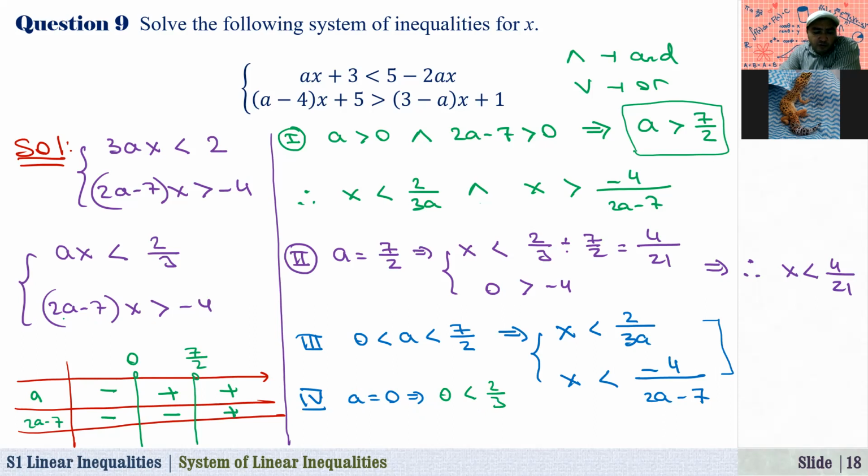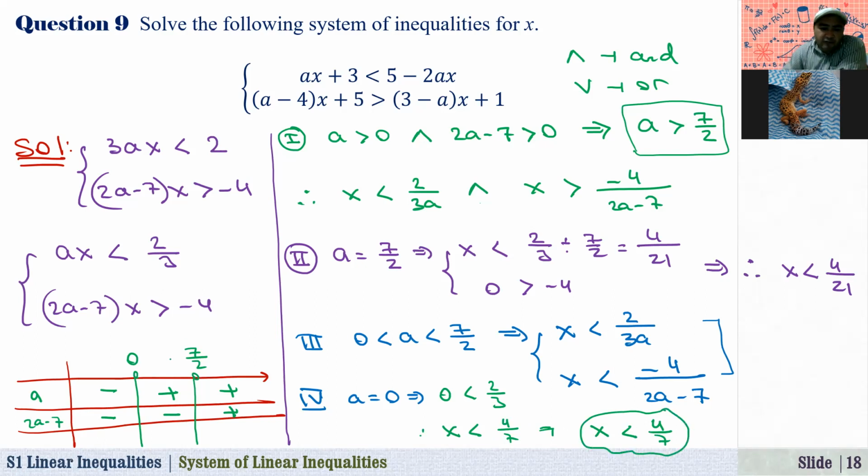The second one, 2 times 0, it is 0. 0 minus 7 is minus 7. So X will be less than, we are dividing both sides by minus 7. It will be less than 4/7. Okay, so at the time, the solution set will be X is less than 4/7 if A is equal to 0.